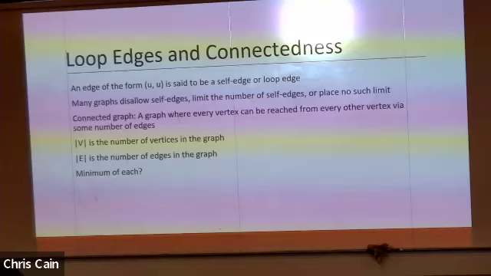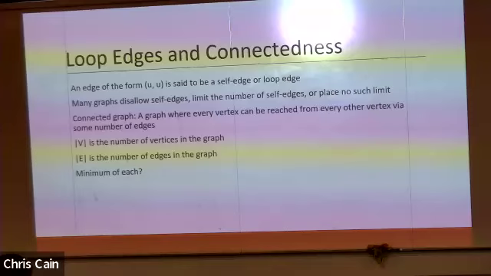What's the minimum number of each, in terms of each other? So is there a minimum number of vertices in a graph? Not really. But what about the minimum number of edges in a graph compared to the number of vertices in the graph?